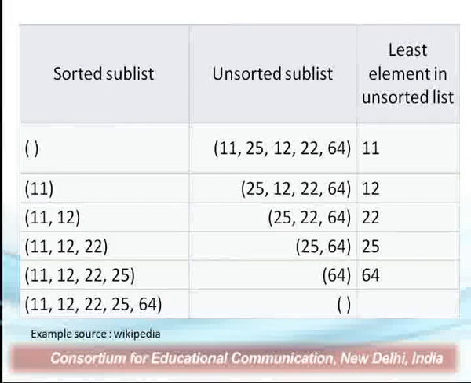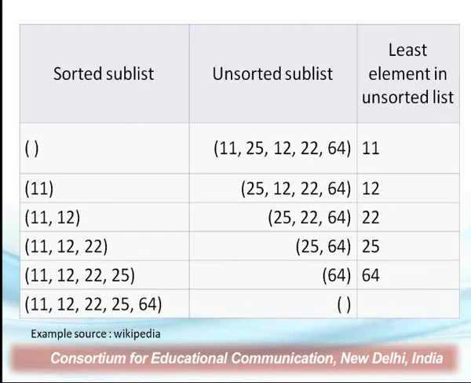Coming to an example, let's have a look at the example of this selection sort. We have an unsorted sublist of numbers 11, 25, 12, 22, 64. The least element in the unsorted list is 11. The sorted sublist initially is empty, as you can see on the screen.